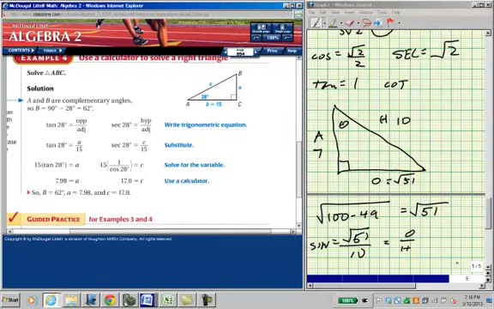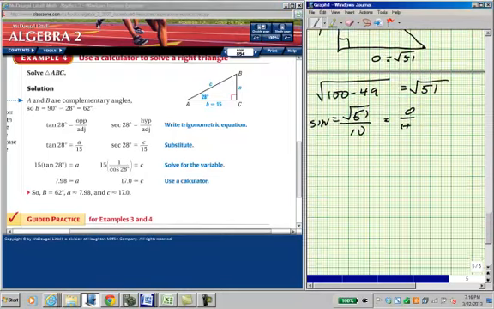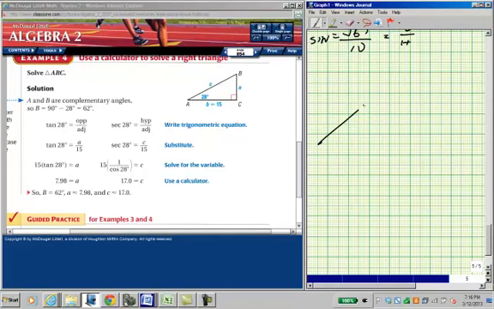By the way, let's just talk about the labeling of the triangle. We have capital A, capital B, and capital C. These capital letters refer to the 3 angles. So we have angle A, angle B, and angle C. C is always the right angle.